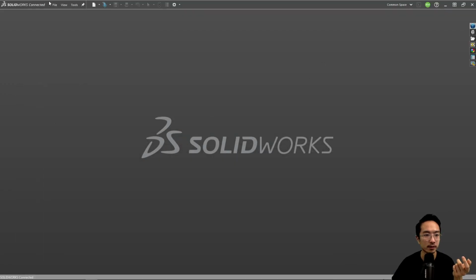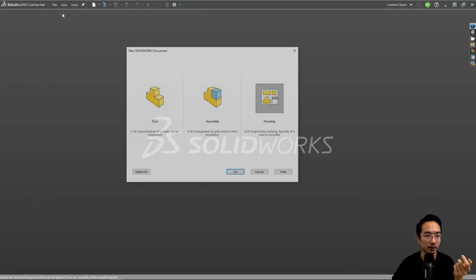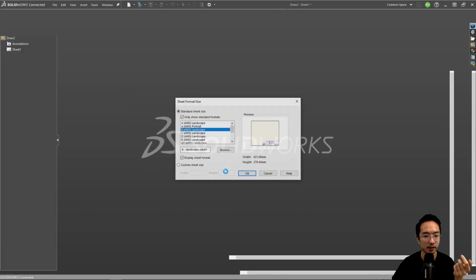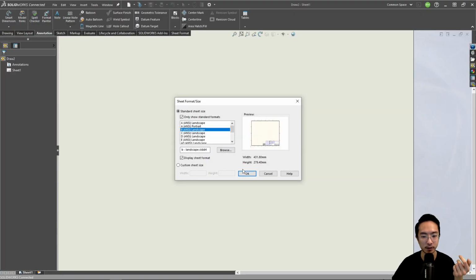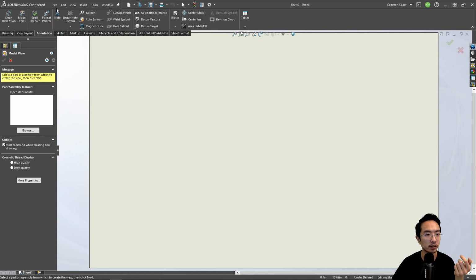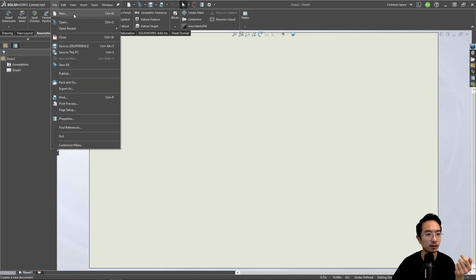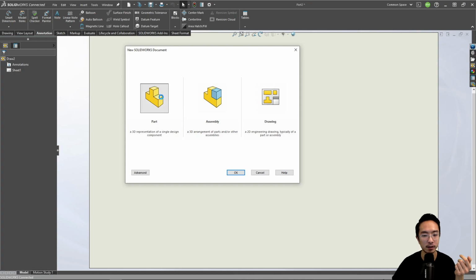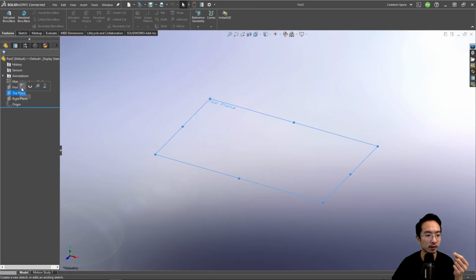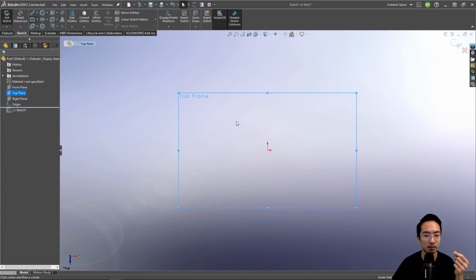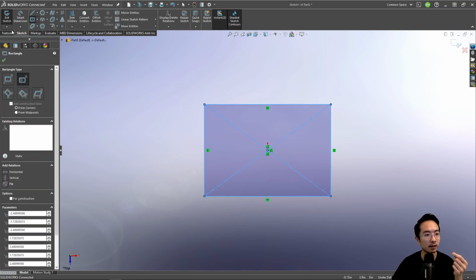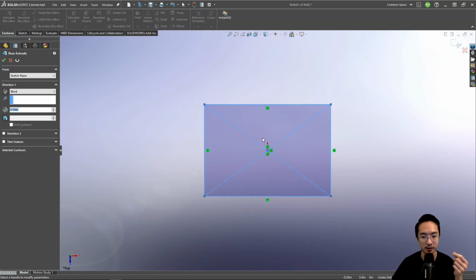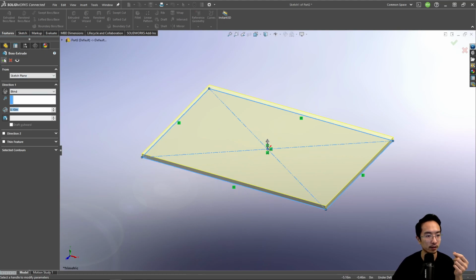apply. So if we go ahead and make a new part, oh, this is a drawing. Let me cancel this. File, new part. So I make a new part, and then I'm going to sketch on the top plane. I'm not going to bother dimensioning this right now because it's just a quick example.